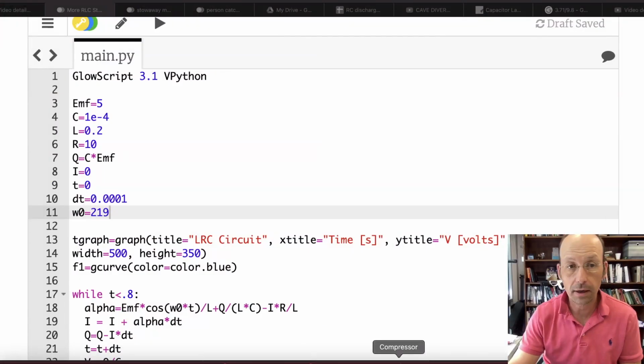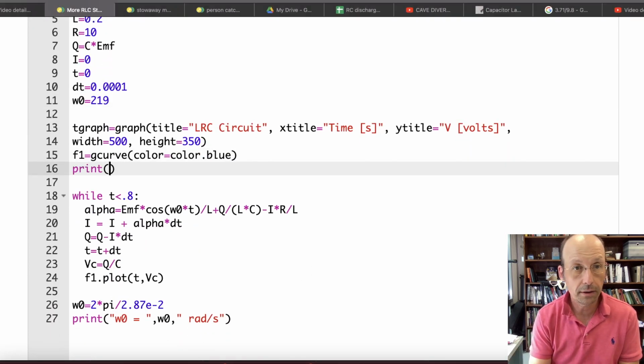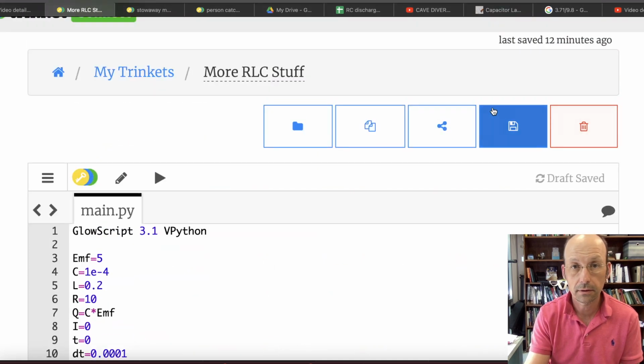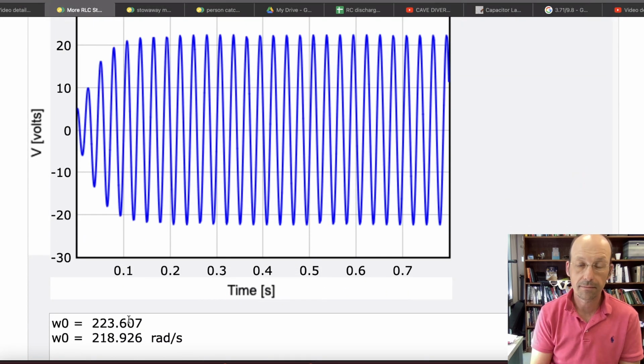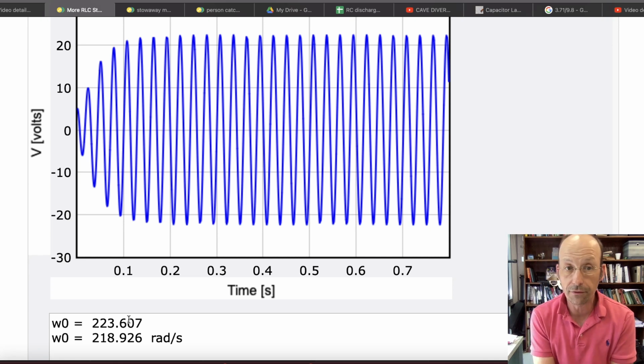Print omega 0 equals 1 divided by square root of L times C. Let's see what happens. 223. So the resonance frequency with and without the resistance actually are different. So the resistor does matter.